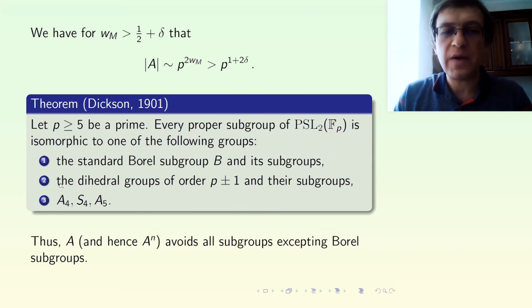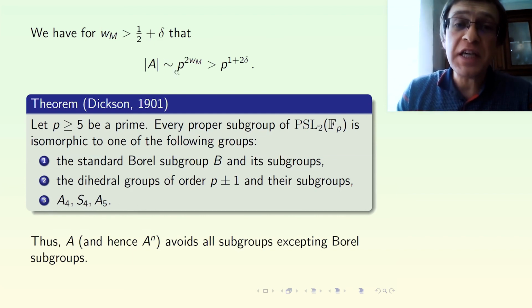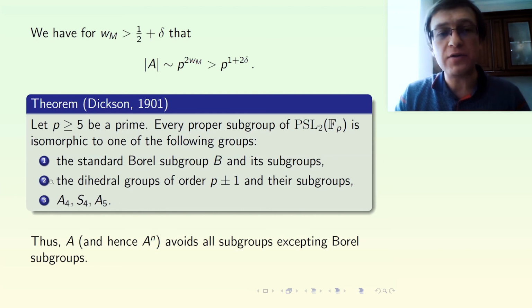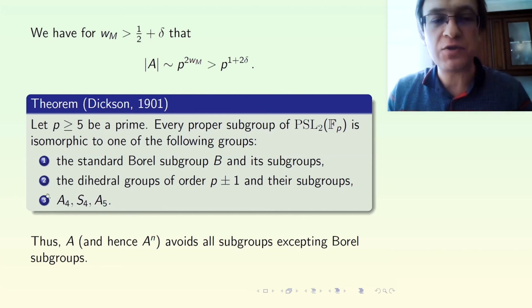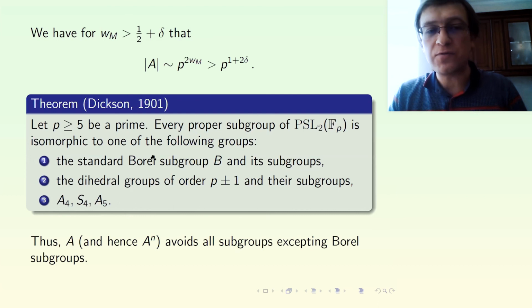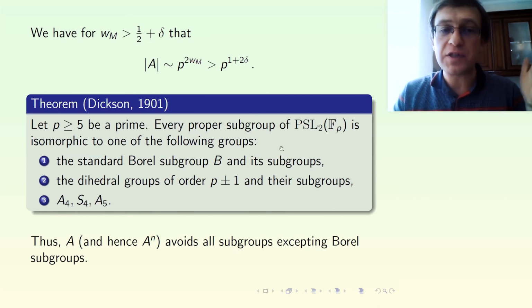And there are subgroups of size P, basically. And also there are possible finite groups. And you see, if our set is so large, then we do not care about variants 2 and 3. We just want to find an intersection with a conjugation of a Borel subgroup.